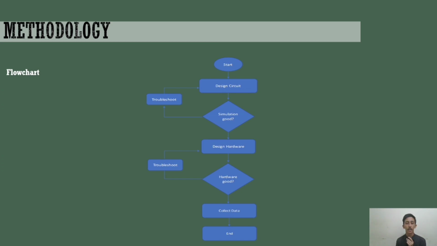If the hardware is not in good condition, it will be troubleshot again and new hardware designed. If the hardware is good, then I will collect the data to put in my report.